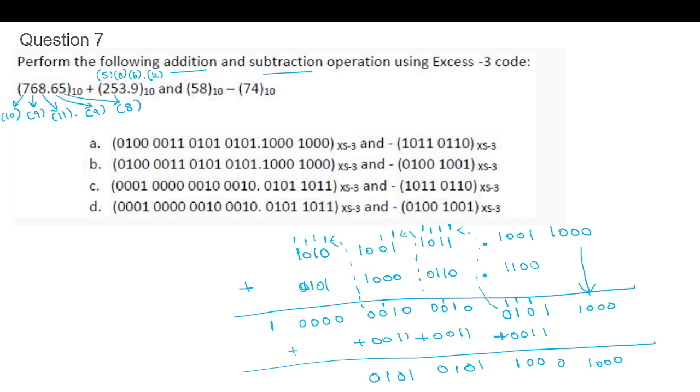So again for this we have to add 3, and this we have already seen 1 plus 3 will be 4. So this will be the correct answer, and here the decimal point or the binary point. So we have two options. So is this addition clear?